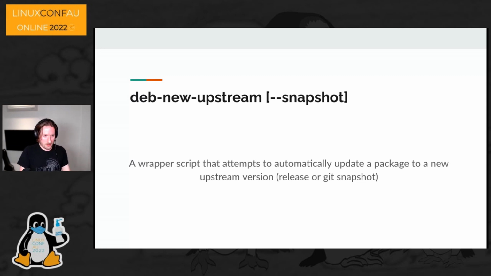As part of the janitor work, we've developed a new command that you can basically just run in any Debian Git repository, and that will attempt to pull in a new upstream release or a new upstream Git snapshot.